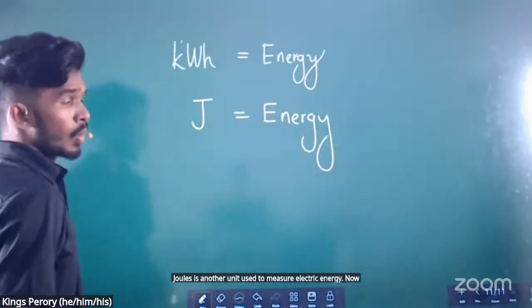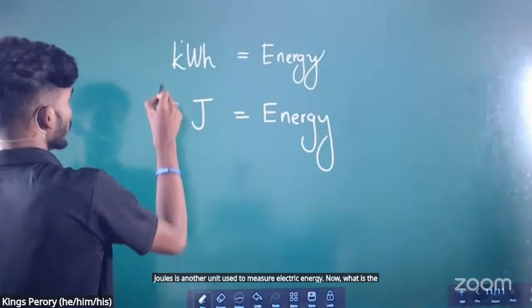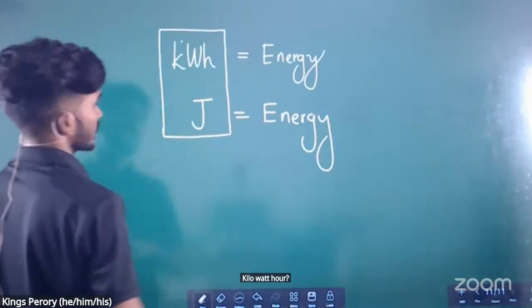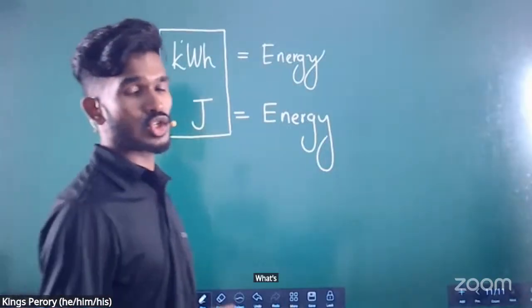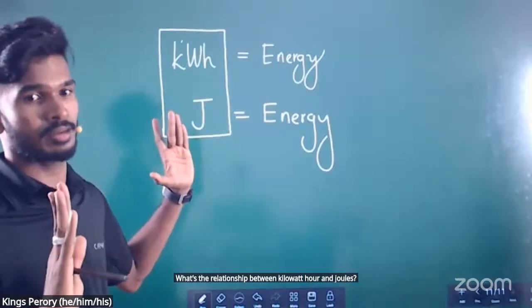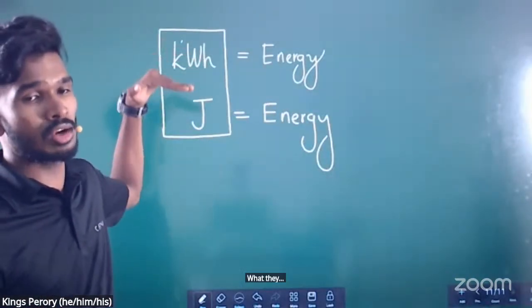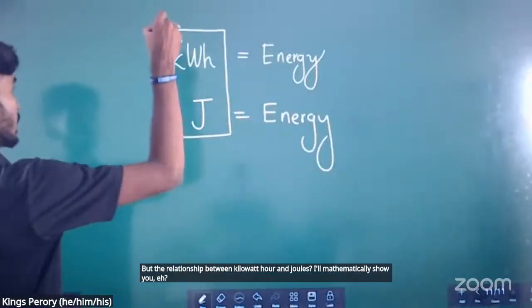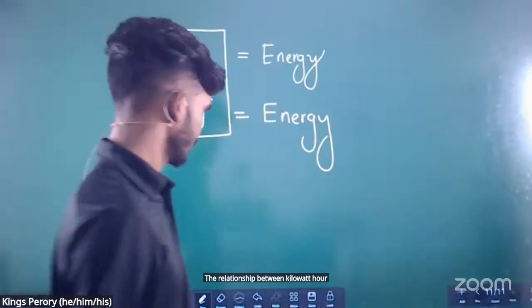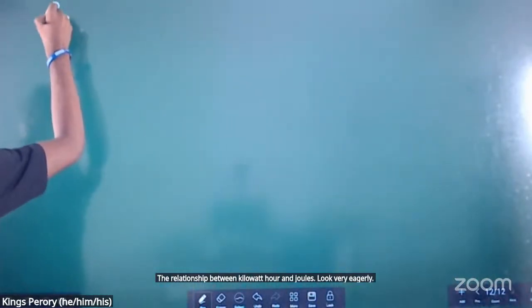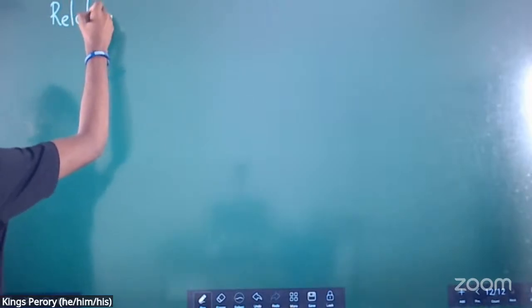Now, what is the relationship between kilowatt hour and joules? Listen very carefully. I'll mathematically show you. The relationship between kilowatt hour and joules. Look very carefully. I think that part you can't see.